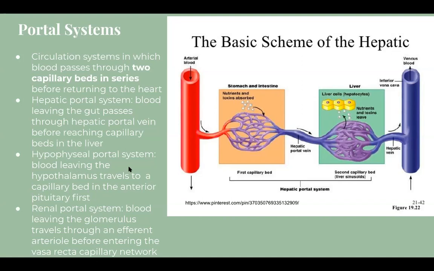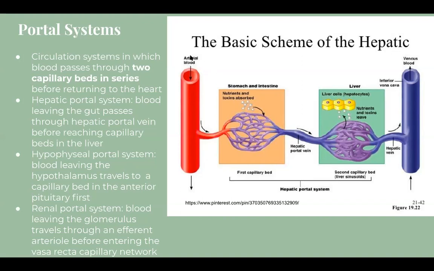You can read through what the last 2 are. The hypophyseal portal system is in the hypothalamus and anterior pituitary. The renal portal system is in the glomerulus and then the vasa recta capillary system of a nephron. But we'll look at one of those, the hepatic portal system.